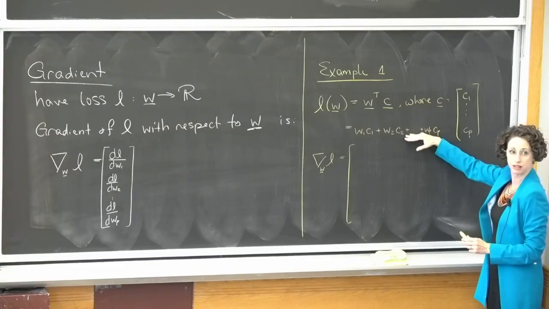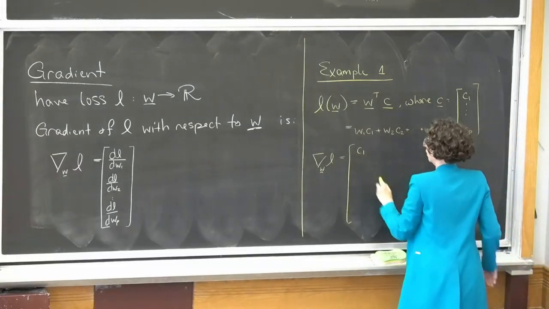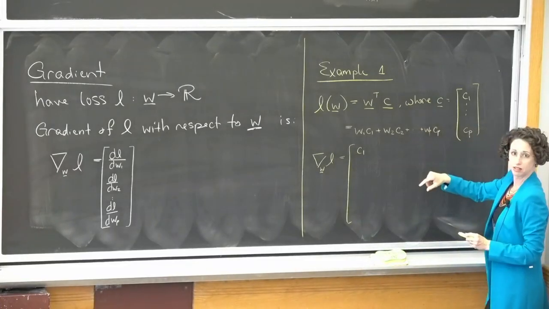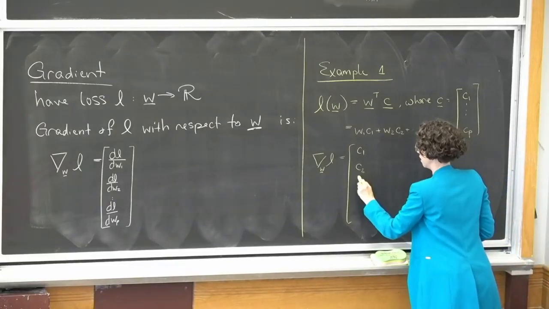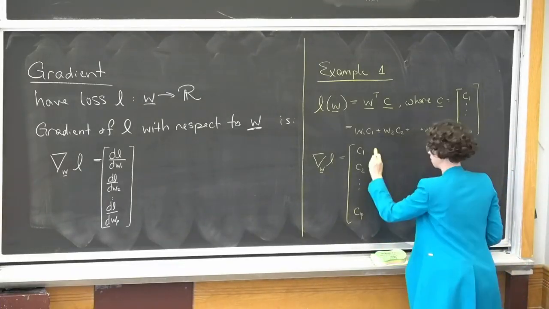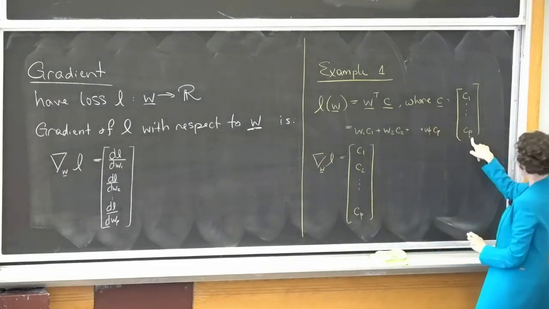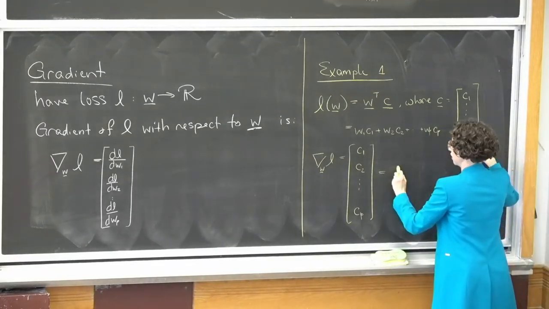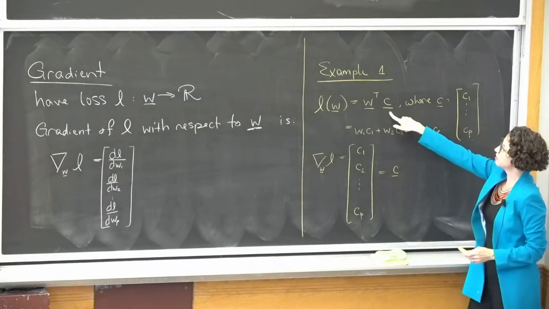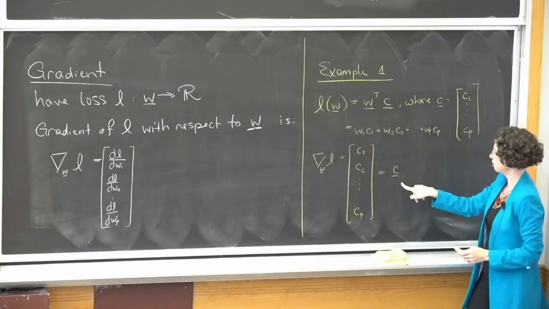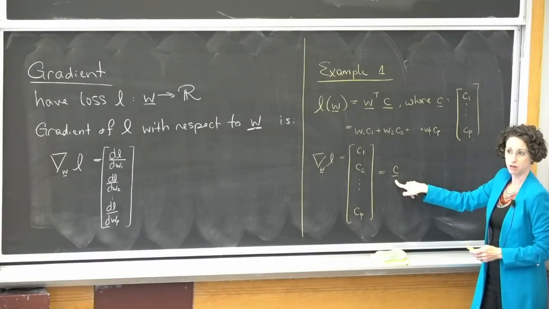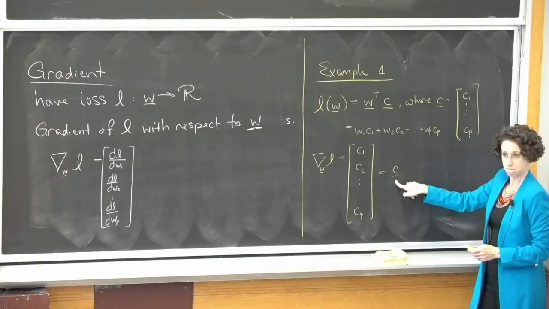And what is that? C1. And with respect to the second weight? C2. Excellent. And so forth all the way to CP, which is exactly this. So in this example, the gradient of this loss, which is just the inner product of a weight vector and a constant vector, is simply that constant vector. Make sense?